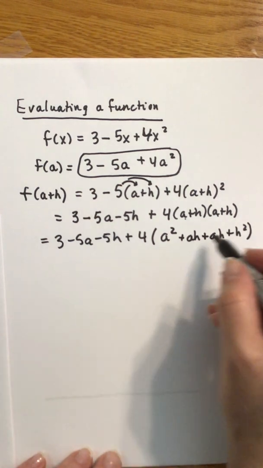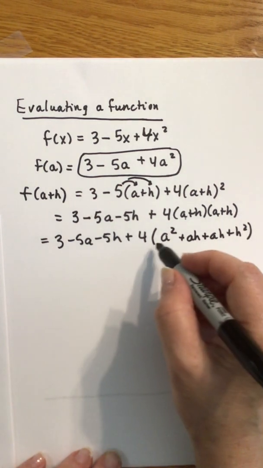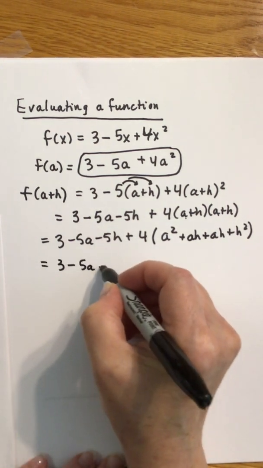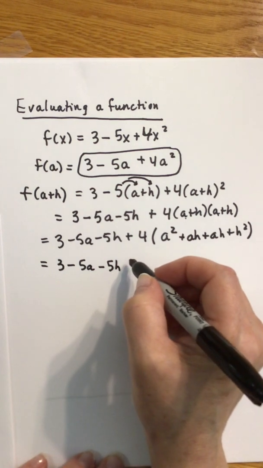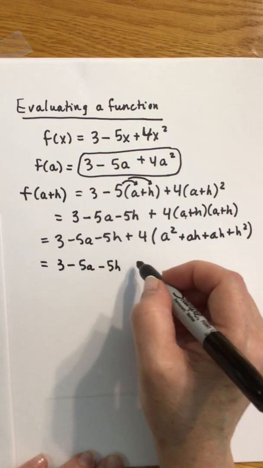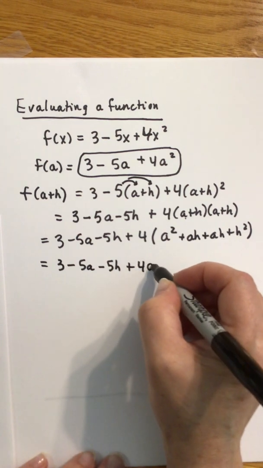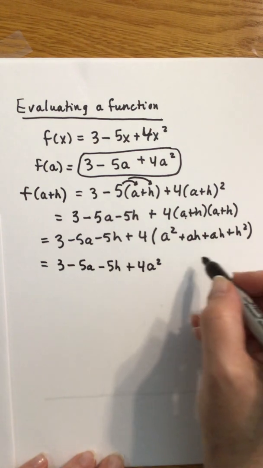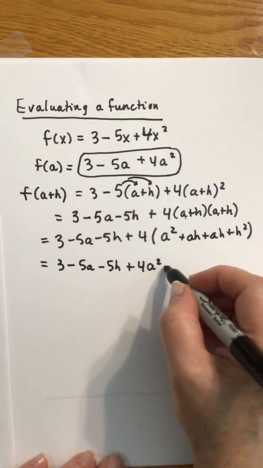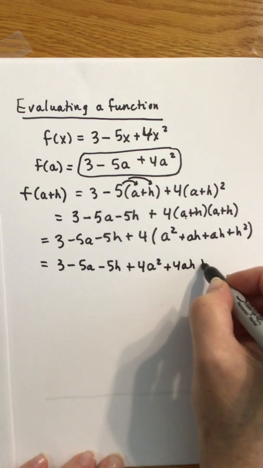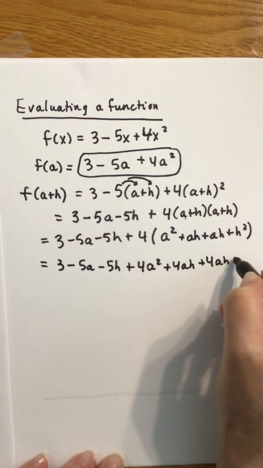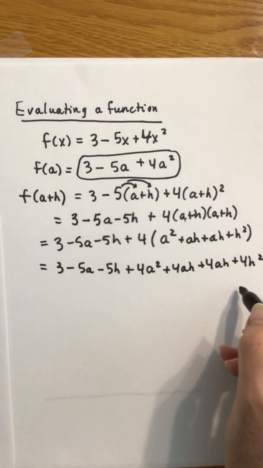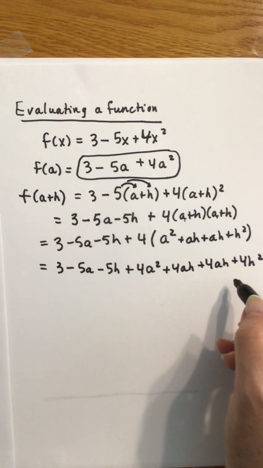But now what do you see? You see that 4 is still outside this parentheses. So we have to distribute that 4. So we get 3 minus 5a minus 5h plus 4a squared. And then these two can be put together, but let's go ahead and keep them separate for now just so we don't get confused. So plus 4ah plus 4ah plus 4h squared. So now we've got all these things in a long row here, so now we're going to combine like terms.